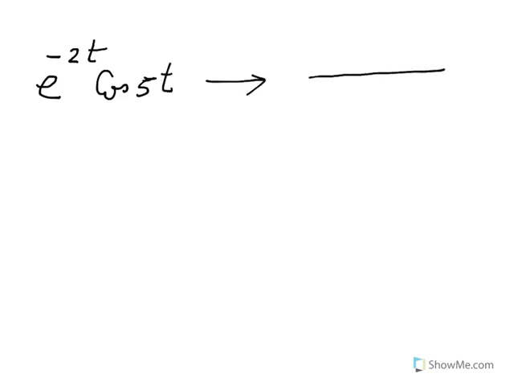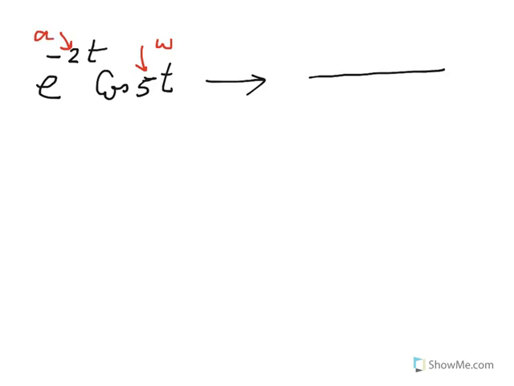Let's say your function in the time domain is e to the minus 2t, cosine of 5t. What would be the Laplace of this? You see a here is 2, and that's omega and that's a, right?